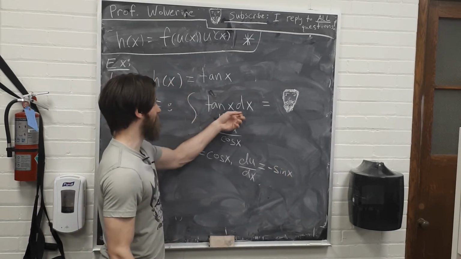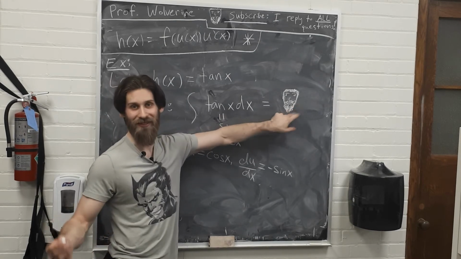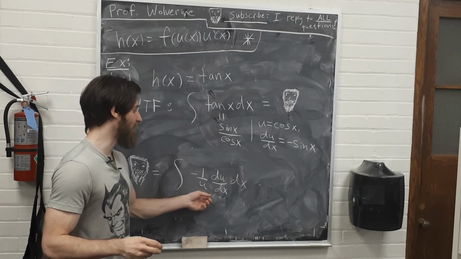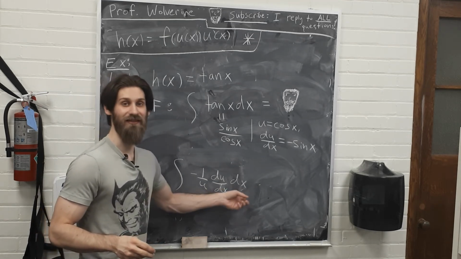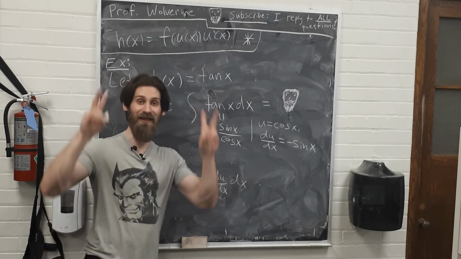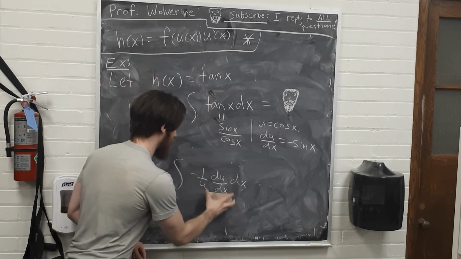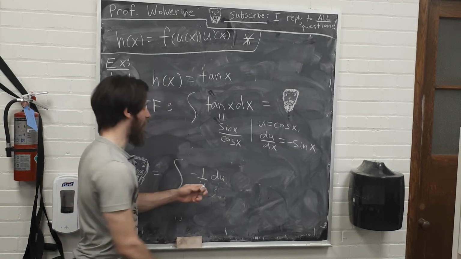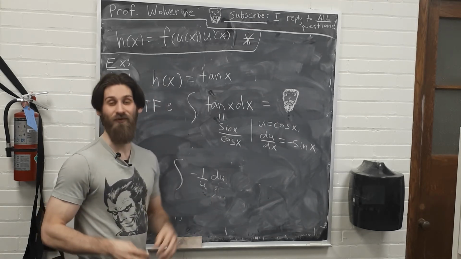So I'm going to call this thing me, that's me. Okay, so I'm equal to minus 1 over u, du over dx, dx. Now we can cancel out the dx's, and we just get minus 1 over u du. And what's the integral of that?